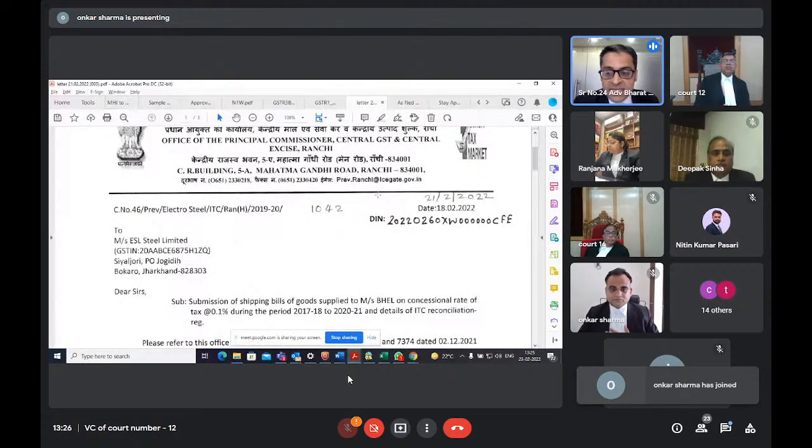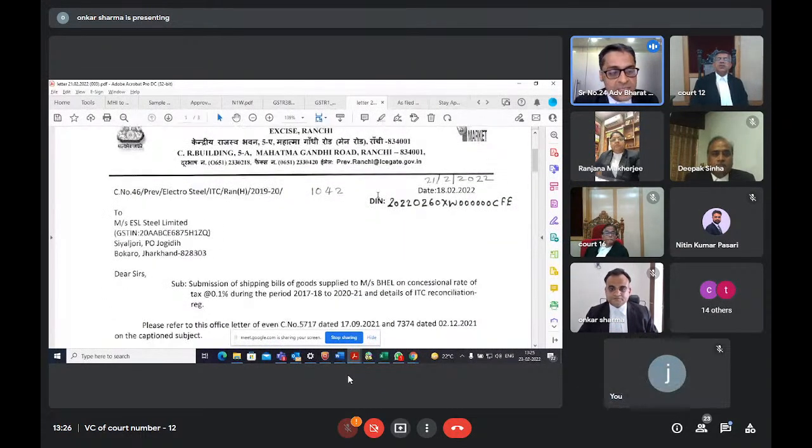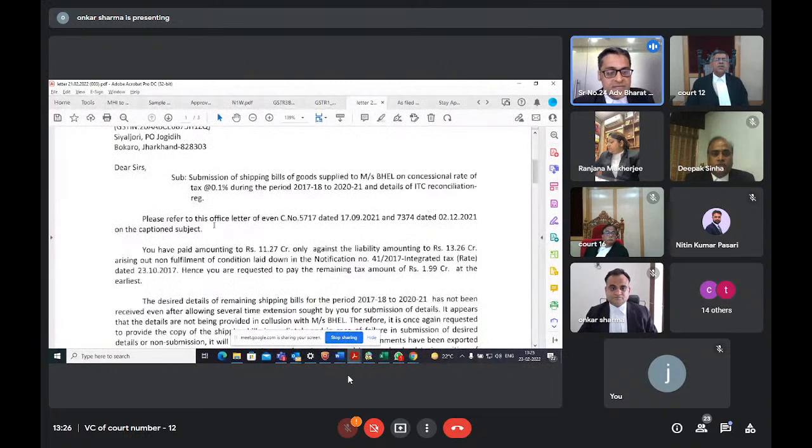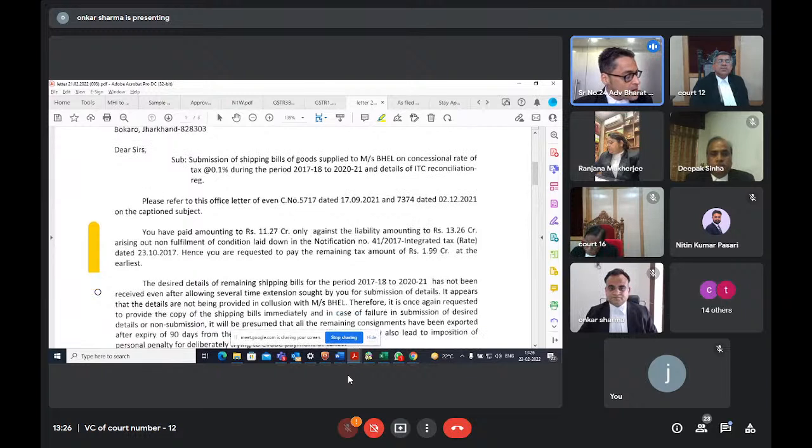Your lordships are able to see this letter of 18th of February. My lordship, this is from respondent number 2. Kindly have para 2 of this letter: you have paid an amount amounting to rupees 11.27 crore only against the liability of 13.26 crore arising out of non-fulfillment of the condition laid down in notification 41. Hence, you are requested to pay the remaining tax of 1.99 crore at the earliest.